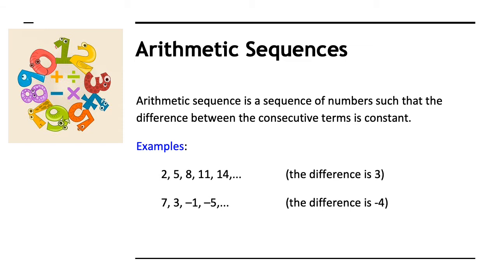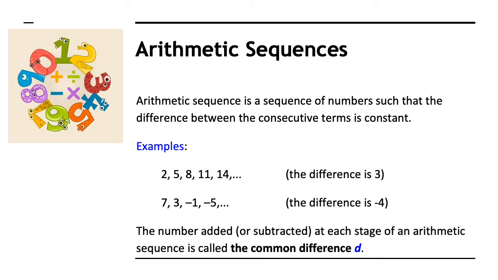For instance, 2, 5, 8, 11, 14, and so on is arithmetic because each step adds 3. And 7, 3, -1, -5 is arithmetic because each step subtracts 4. You should recognize that the do now was indicative of this type of sequence.